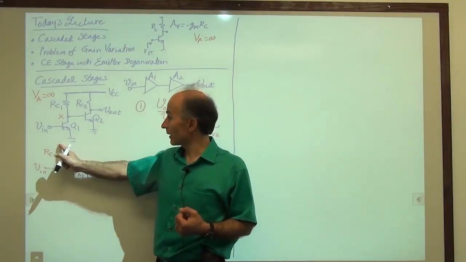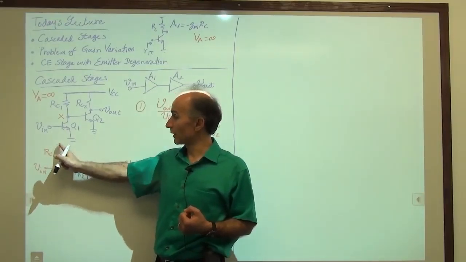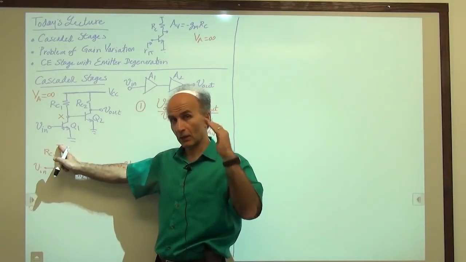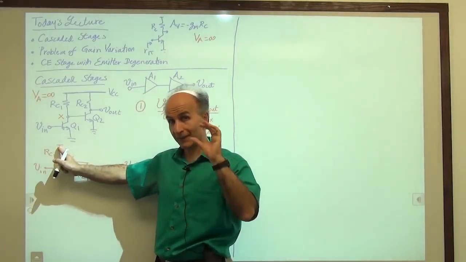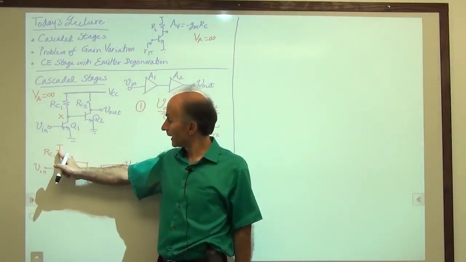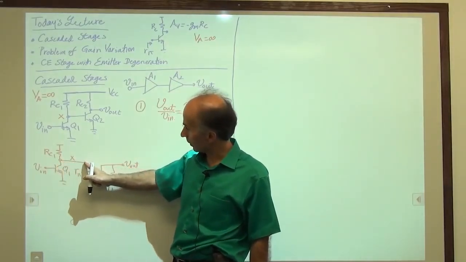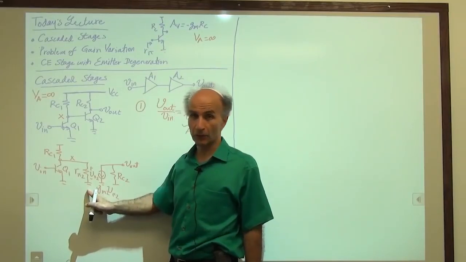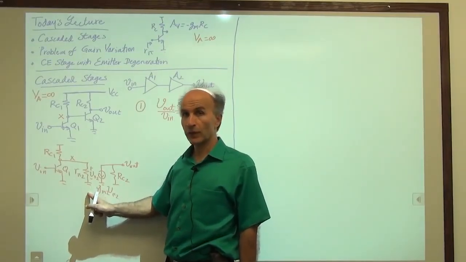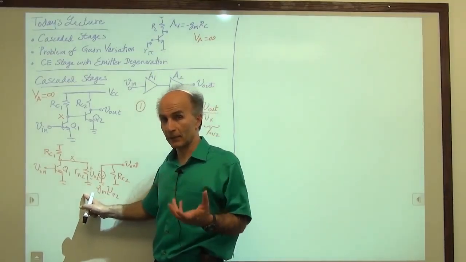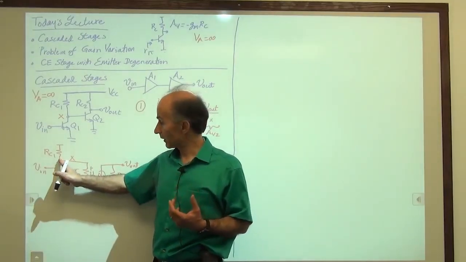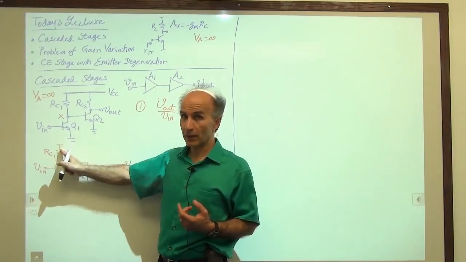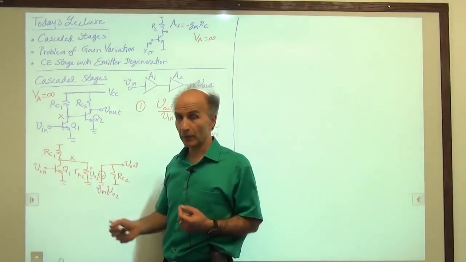So going this way, I see RC1 to AC ground. Remember that the supply voltage, all constant battery voltages become zero, become a short circuit. And then on this side also, I have R pi 2 to AC ground. So the total resistance that appears between the collector of Q1 and ground is RC1 in parallel with R pi 2.